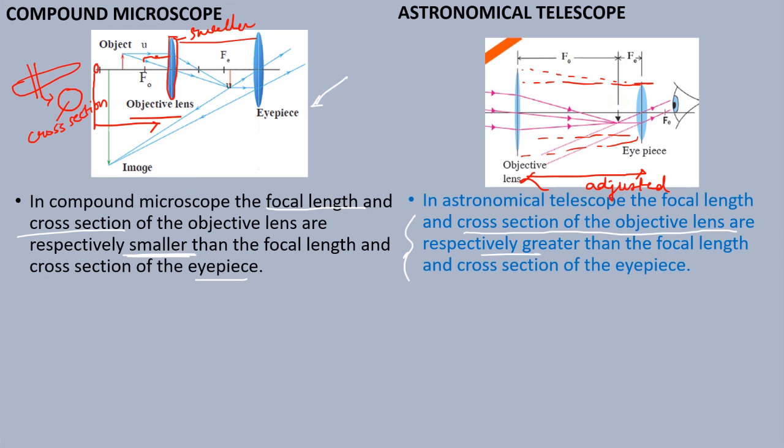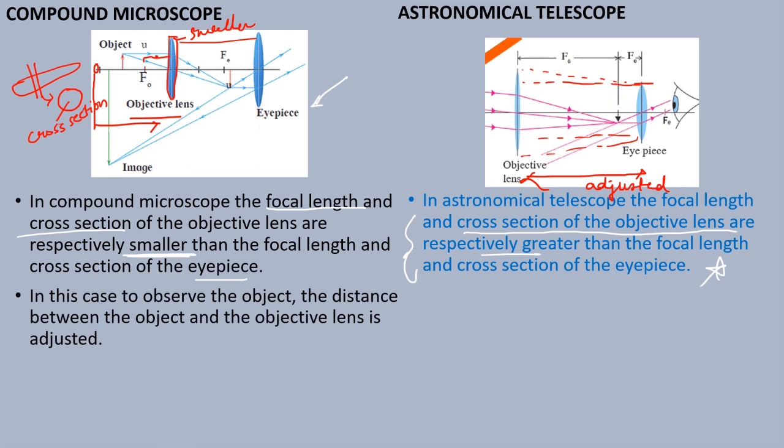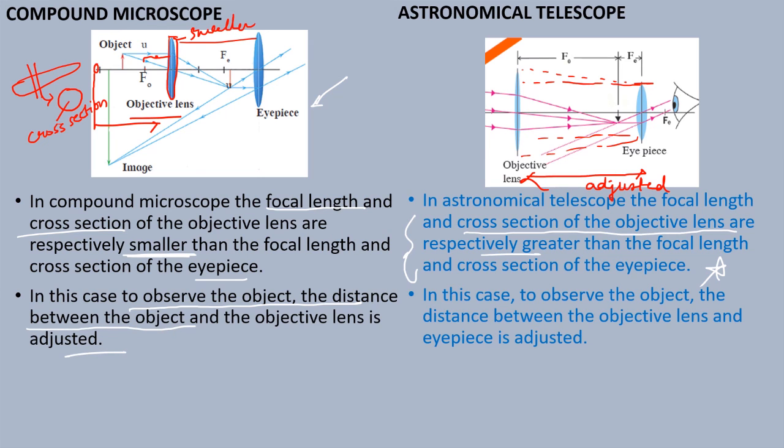Alright. In case of compound microscope, second point, to observe the object, the distance between the object and the objective lens is adjusted. And in case of astronomical telescope, to observe the object, the distance between the objective lens and the eyepiece is adjusted.